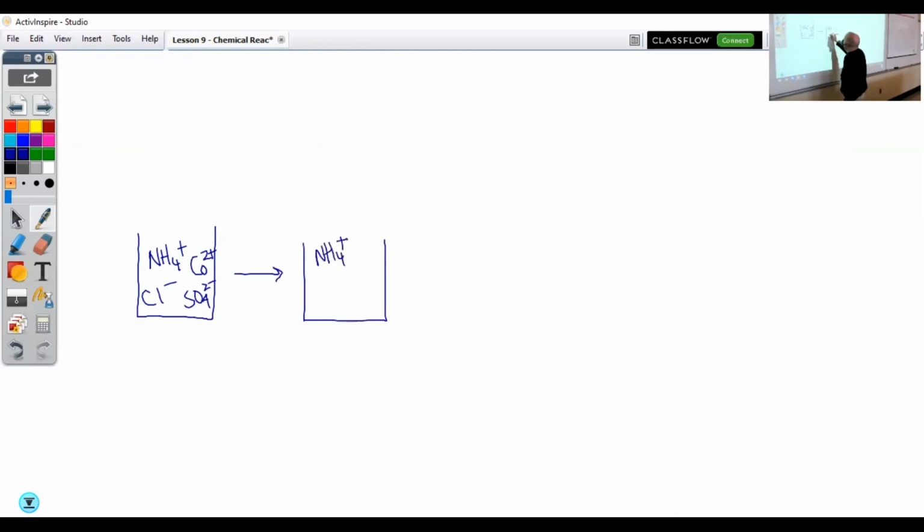NH4 plus, Cl minus floating around, Co2 plus, SO4 2 minus floating around. All of the ions are floating around in this solution, but none of them are bonding to each other and forming a precipitate. Therefore, no chemical reaction takes place. Nothing new is formed. Essentially, nothing happens at all.